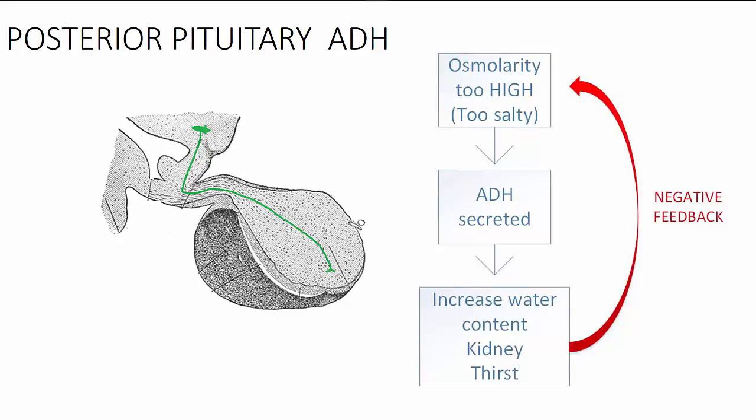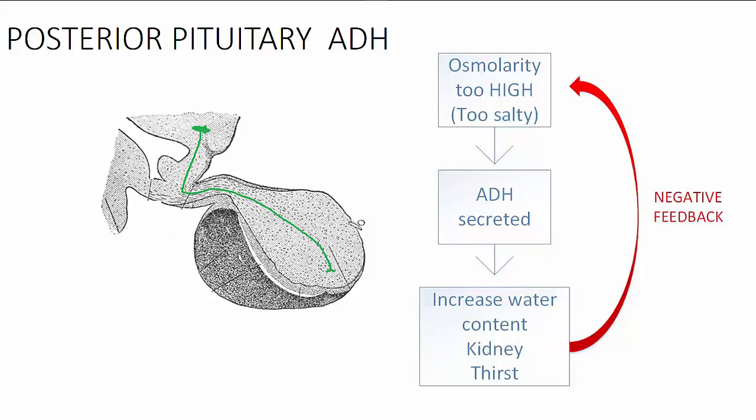So you can look at this conceptually in this way. If your osmolarity is too high, in other words, if you're too salty, the cells in the hypothalamus recognize the situation and they send a nerve impulse to the posterior pituitary to secrete antidiuretic hormone. Antidiuretic hormone, as we've seen, adds water.